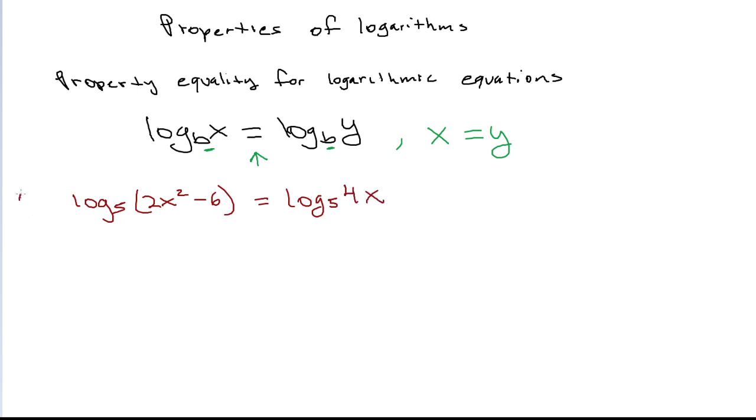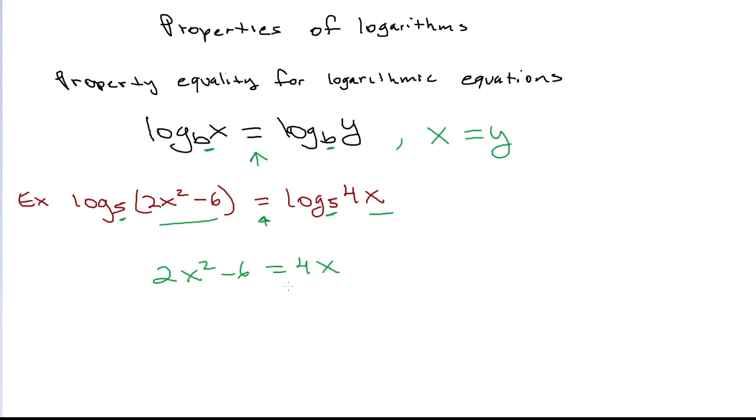All right, so this is another example. Once again, you guys notice that the bases are both the same. So log base 5, log base 5, and both of these expressions are equal. So we can focus on these two parts: 2x squared minus 6 is equal to 4x.